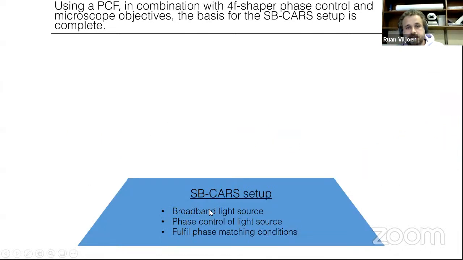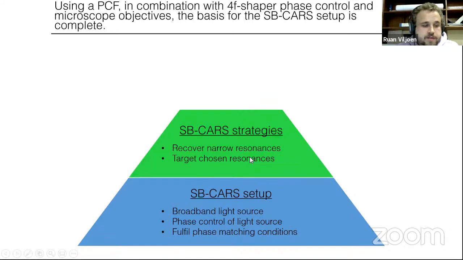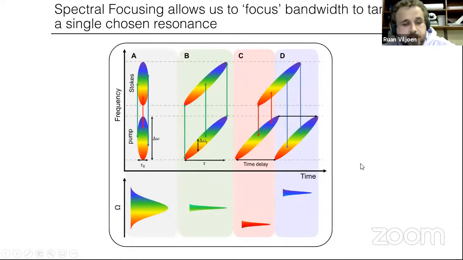Okay, so that means our setup is sorted, which means we can move on to looking at single beam CARS strategies which are able to recover narrow resonances and target chosen resonances. For this we have to introduce another concept which is called spectral focusing.